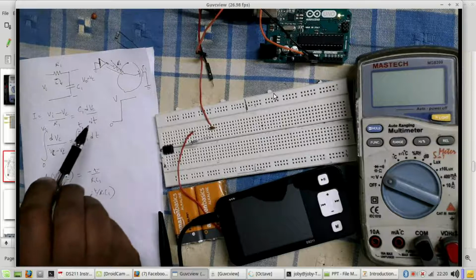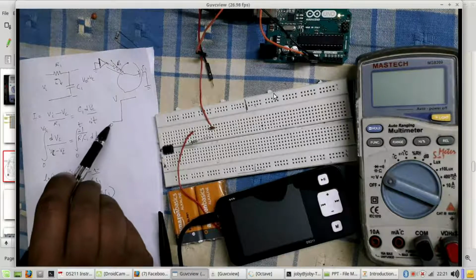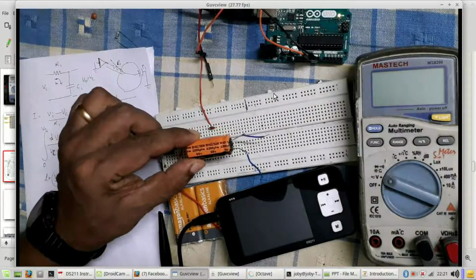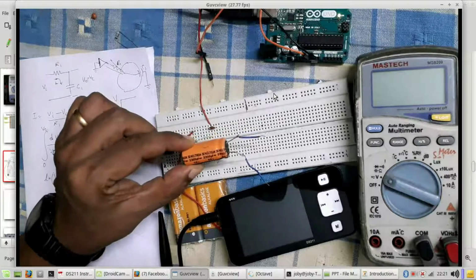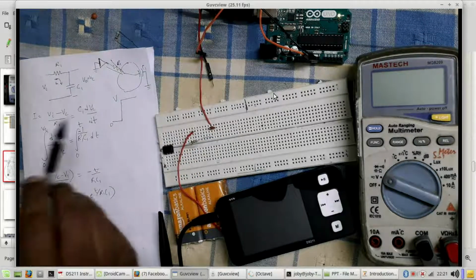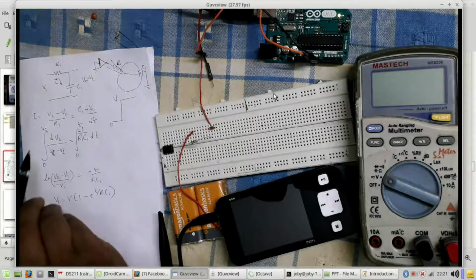Previously, we charged a very large capacitor like this one, the 2200 microfarad capacitor, and then saw how the charging takes place.